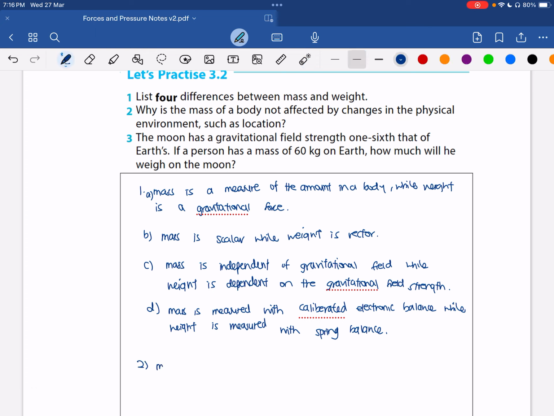Inherent just means it's a property that's dependent on just the body itself. It is an inherent property of the object.